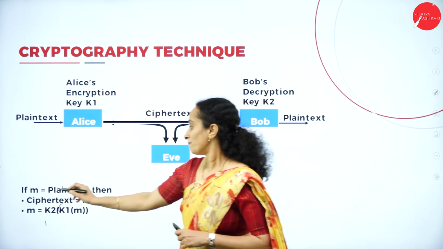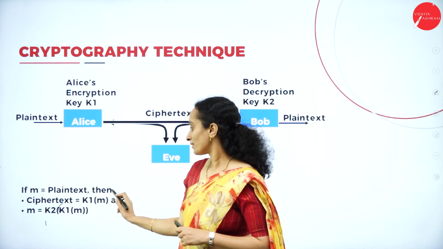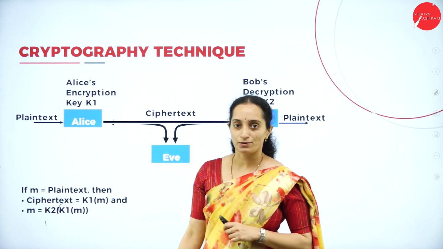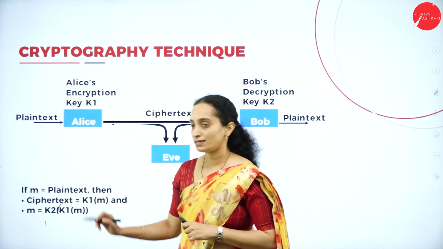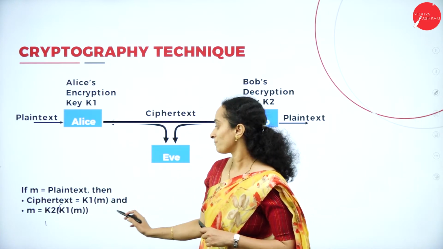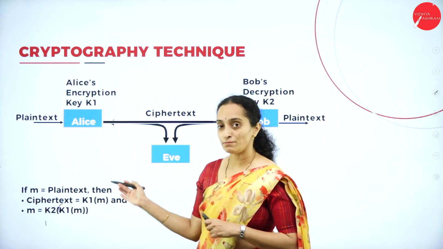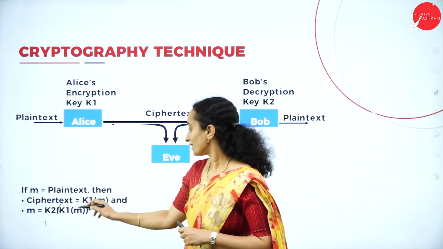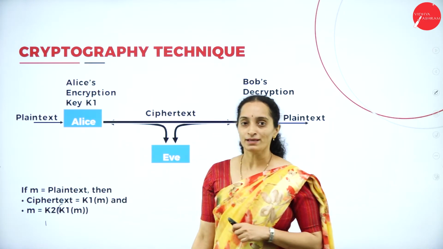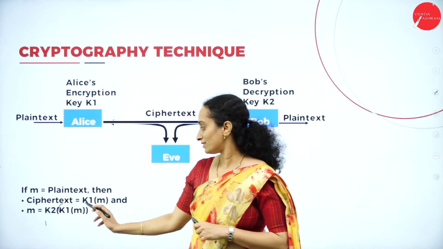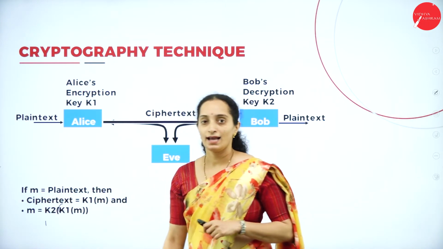So, the key is applied to the plain text M which gives you the ciphertext K1(M), and to decrypt it another key K2 will be applied. This gives you M.